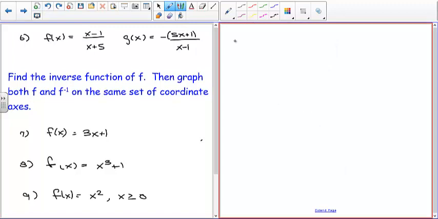Number 8, f of x equals x cubed plus 1. So we're going to say y equals x cubed plus 1. Switch, y becomes x becomes y. Solve for y, so subtract 1 from both sides.